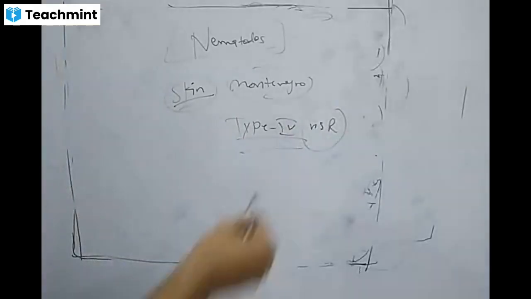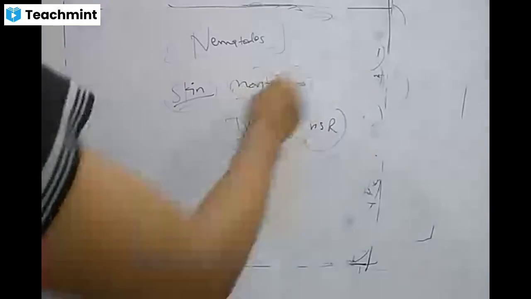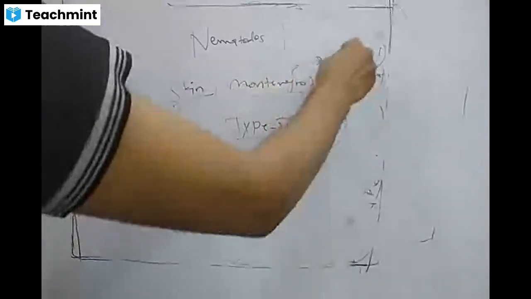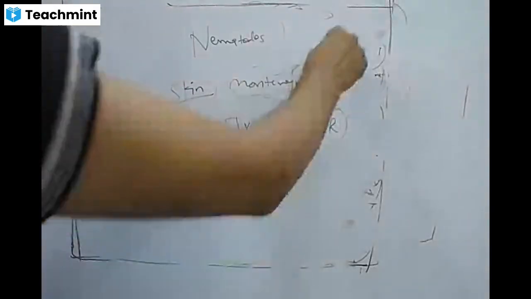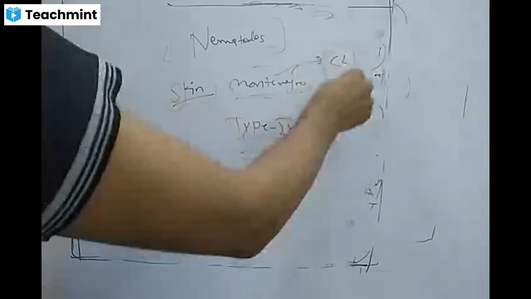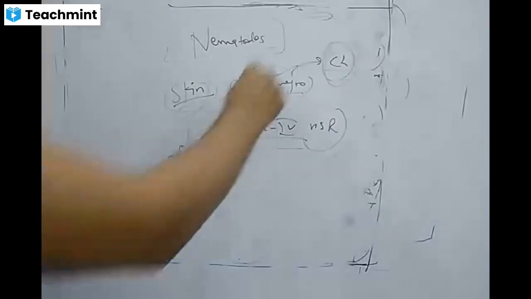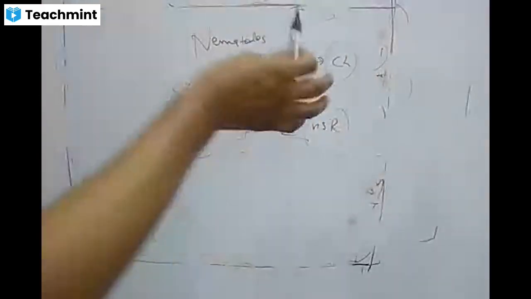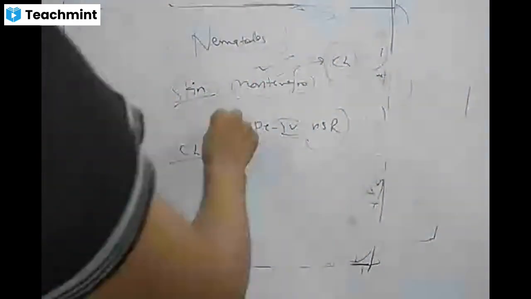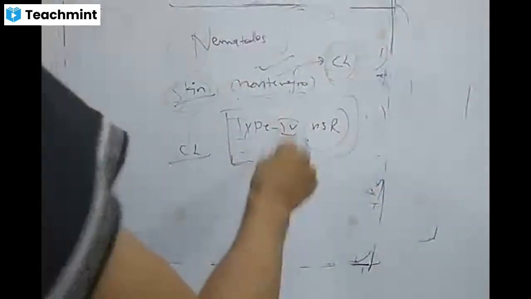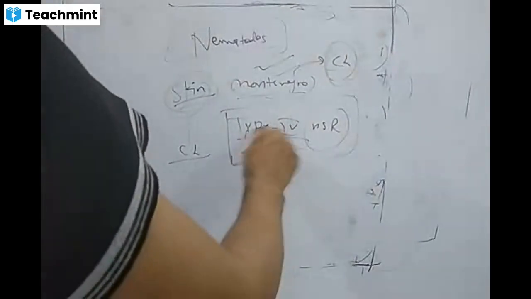Just remember two things with this test: which form of Leishmania is this test for? CL, because this is related with the skin. So cutaneous leishmaniasis, Montenegro test, and the specific point for this test is type 4 hypersensitivity.